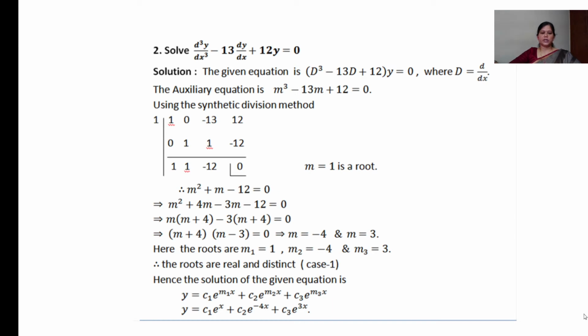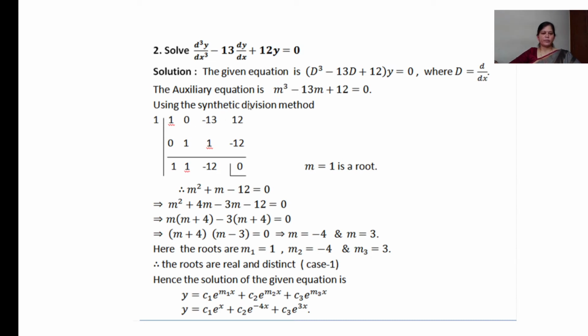In the synthetic division method we have some procedure. Always in the first row, the values are from the equation. That means the coefficient of m³, the coefficient of m², the coefficient of m and the constant we write in the first row. But here m² is missing, so we take the coefficient of m² as 0.